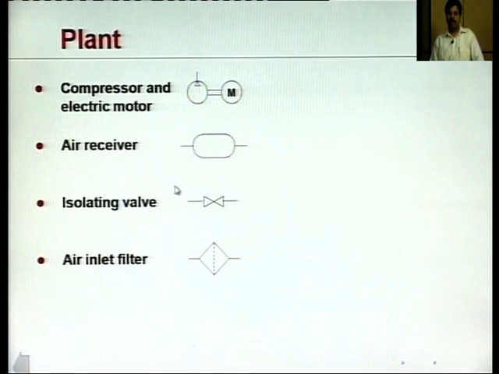And an isolating valve is represented like this. The function of an isolating valve is to regulate the supply of compressed fluid from the accumulator. It is used as a shutdown valve or a cut-off valve, so that we can take off compressed fluid from the accumulator whenever we require, and otherwise this remains closed.